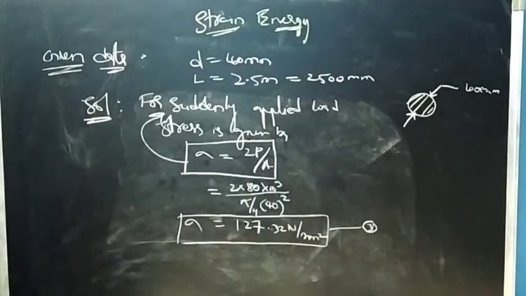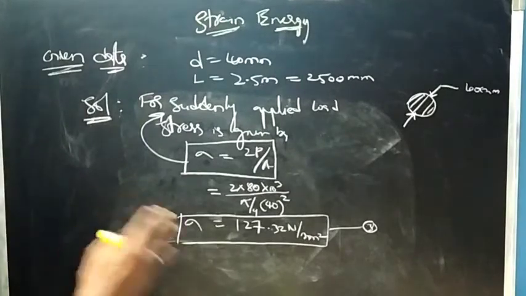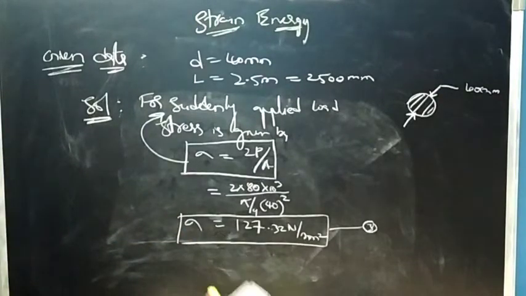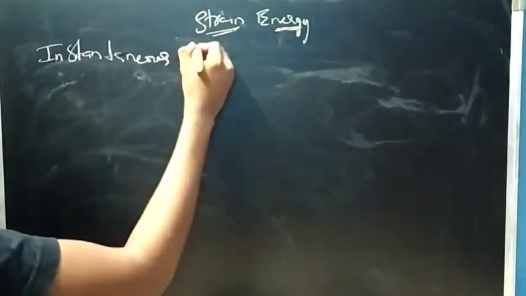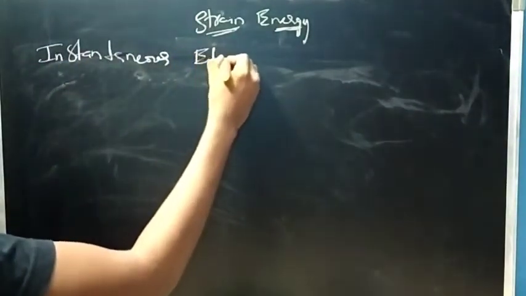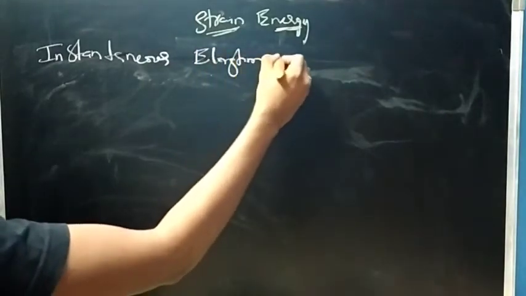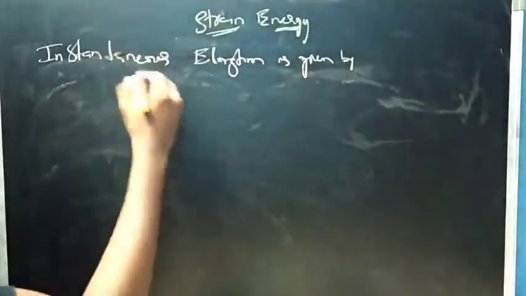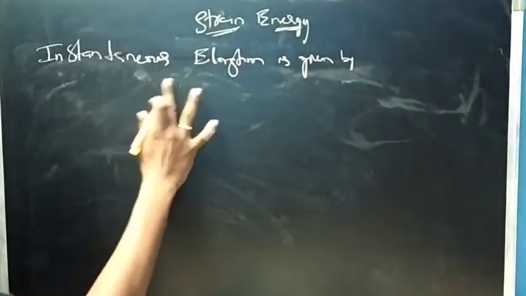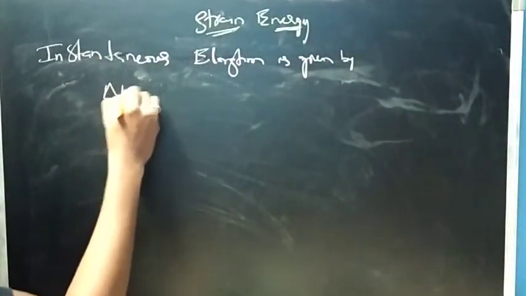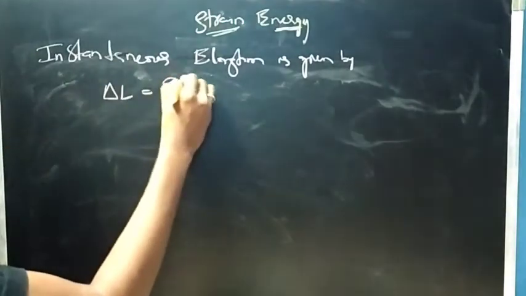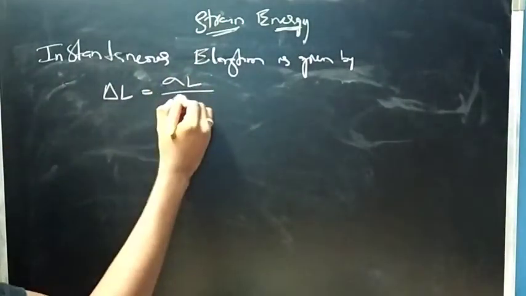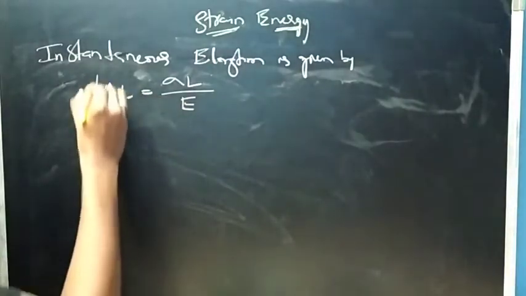Now we'll find out the instant elongation again. Instantaneous elongation is given by delta L equals sigma multiplied by length upon Young's modulus.